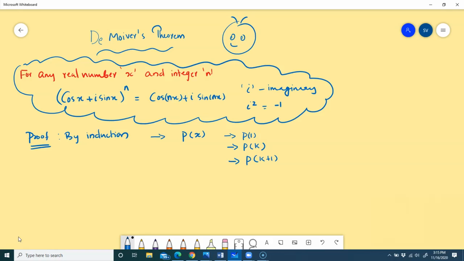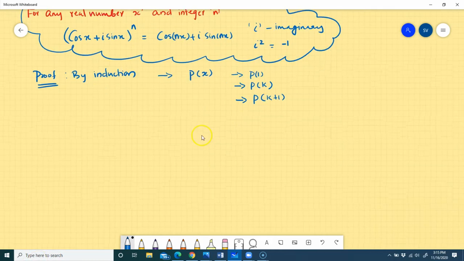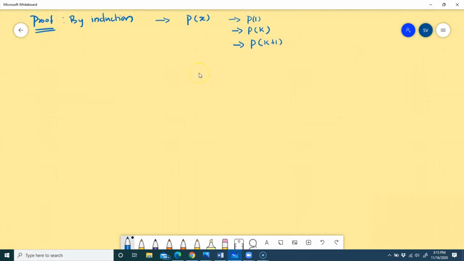Okay, let me start the proof. We need more space. So the statement is this: for any integer n, we are going to name the statement P of n.